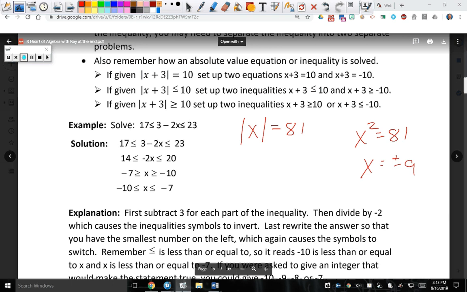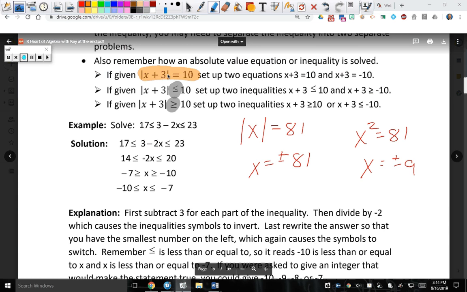Or -81. So a lot of people forget this plus and minus, okay? Guys, what do you do to these when you multiply or divide by a negative? You flip them.